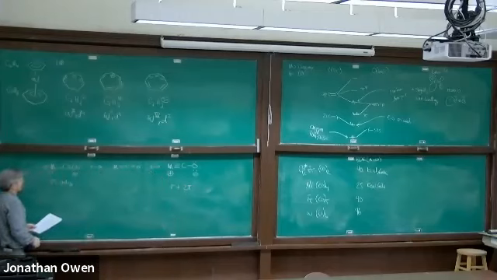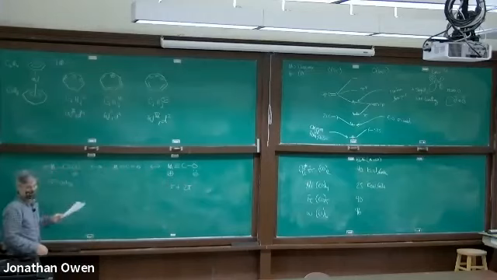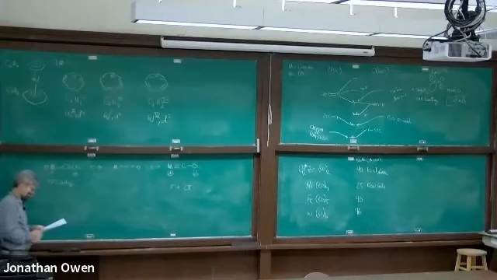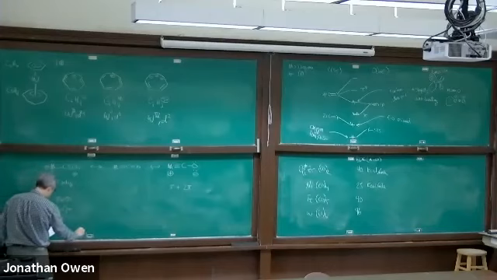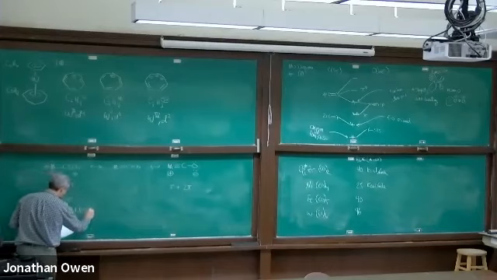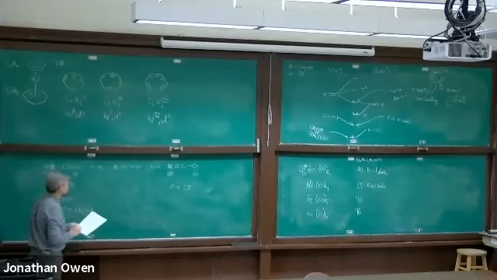Now, depending upon the compound, you can have any one of these situations or somewhere in between. And one of the things that changes when you do that are the bond lengths. So free CO is 1.128 angstroms, the carbon oxygen bond length.